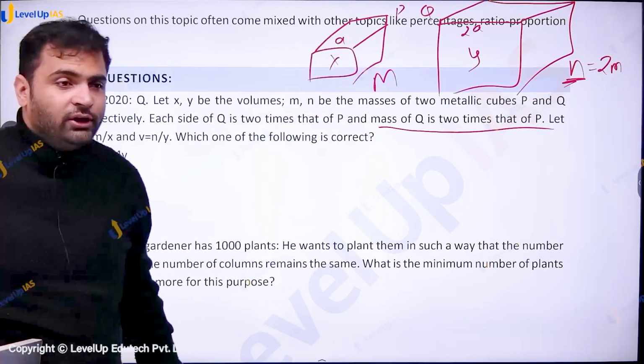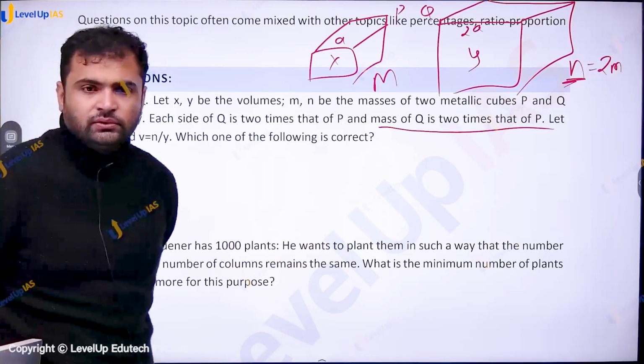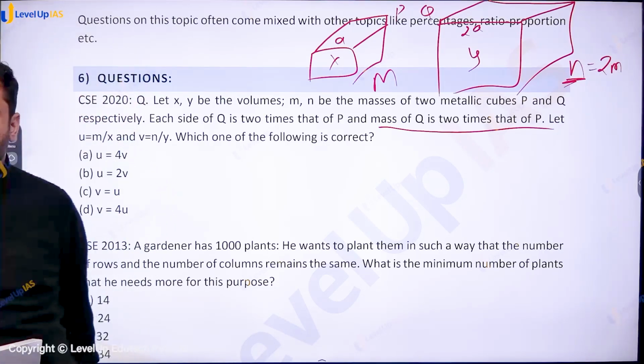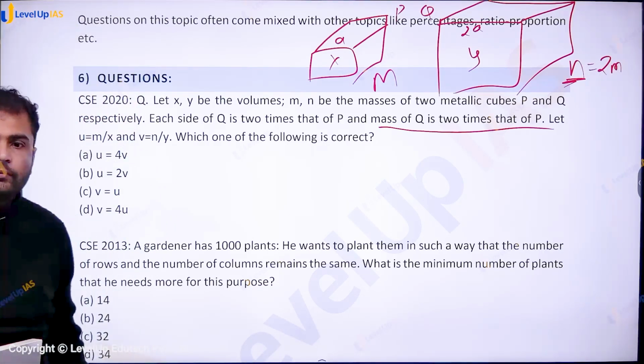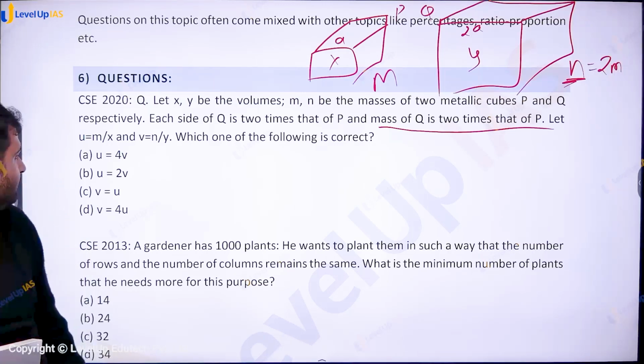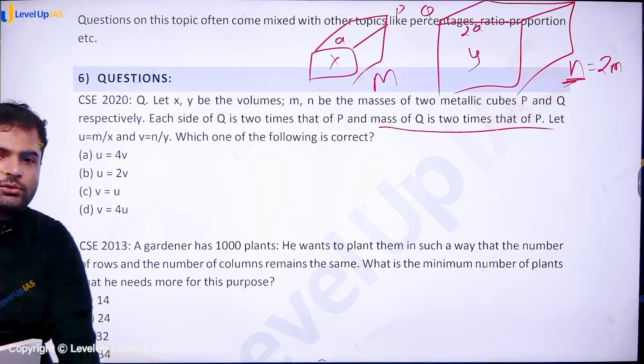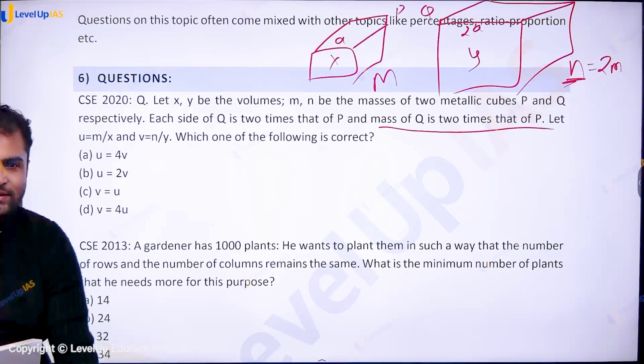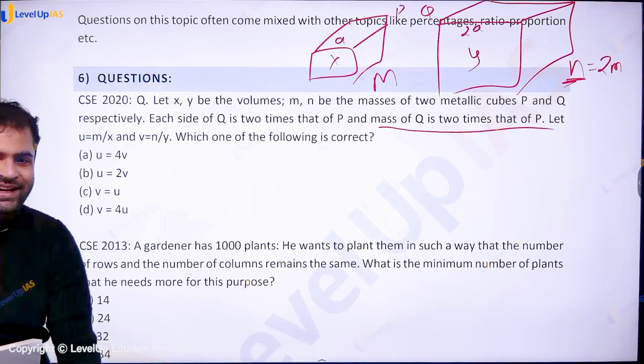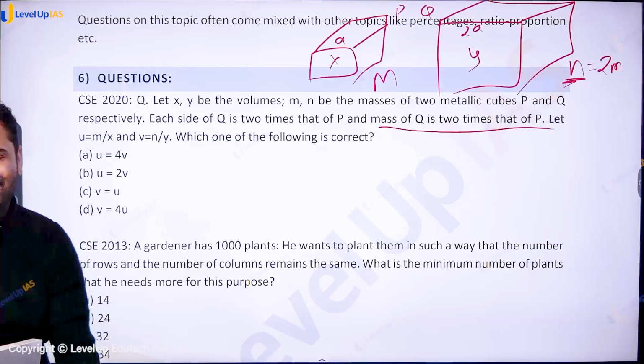After this, all you need to do is put values. D नहीं आता पक्का, उसका D भी आ रहा है. कोई निकाल.